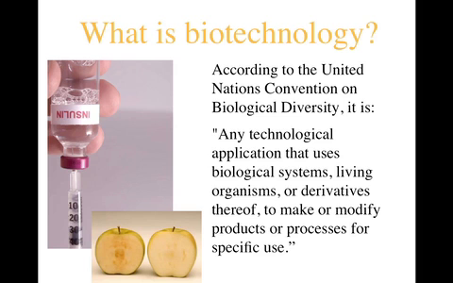So we have 2 different examples right here, and there's tons of examples of biotechnology. One example is the insulin. Another example is the apple itself. You could even go back farther in time, and think of when people first started making beer and wine. That was biotechnology. They're using yeast, which is a living organism, a little microorganism, to help break down the grapes in the fermentation process, and in the brewing process of beer.